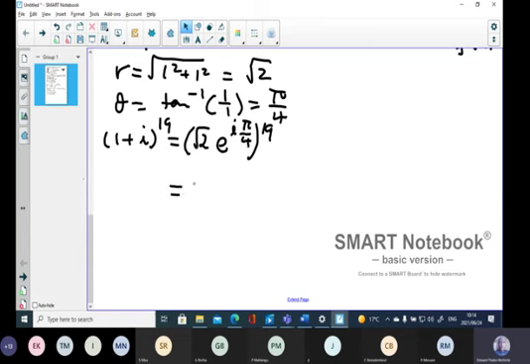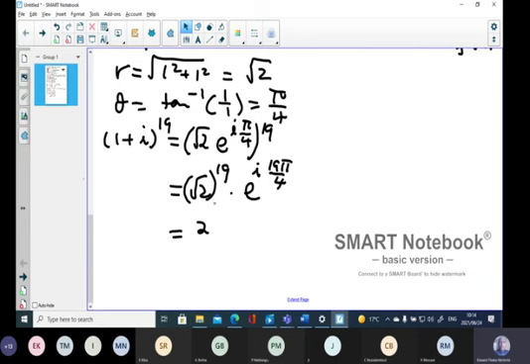Now I'm going to simplify this, the square root of 2 to the power 19, multiplied by e to the power I 19 pi over 4. Now I'm going to simplify this.